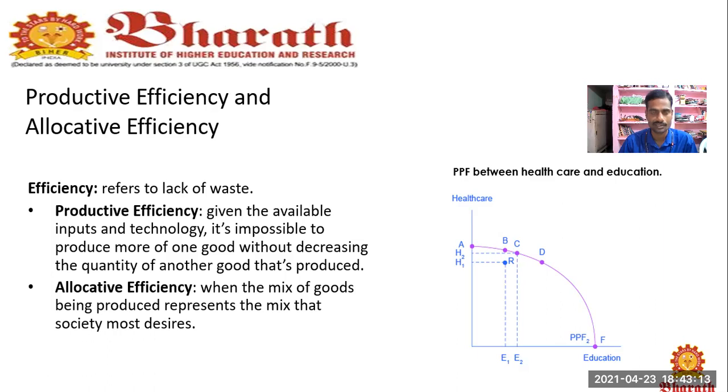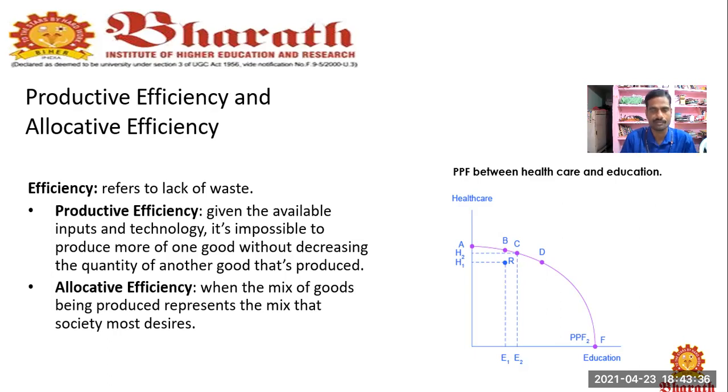So technology is a variable we can't ignore in the production process. Usually we keep technology constant. If we allow technology, then the production function will be increasing.